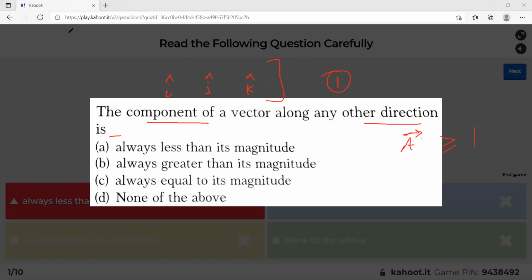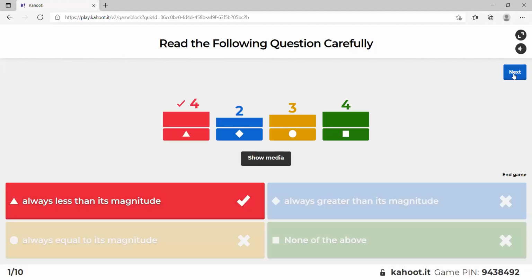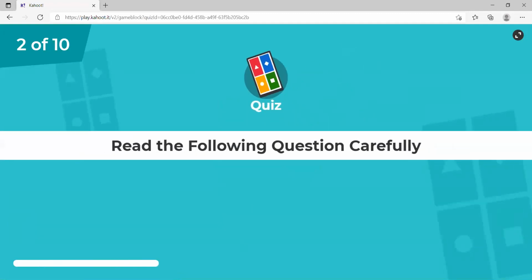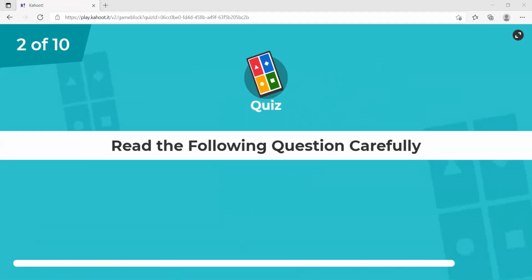So if you take any vector, let us say 2i cap plus 3j cap, its magnitude will be root 13, which is greater than the magnitude of a unit vector, right? So the component of a vector is always less than its magnitude. Okay, next one we will do this.